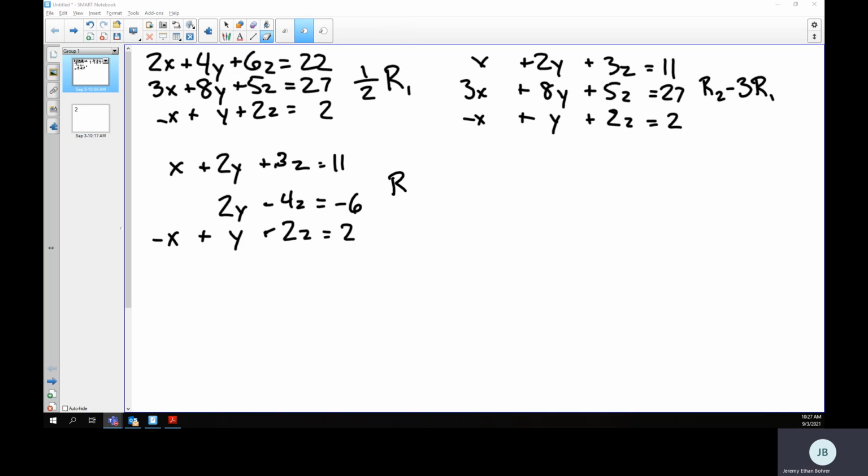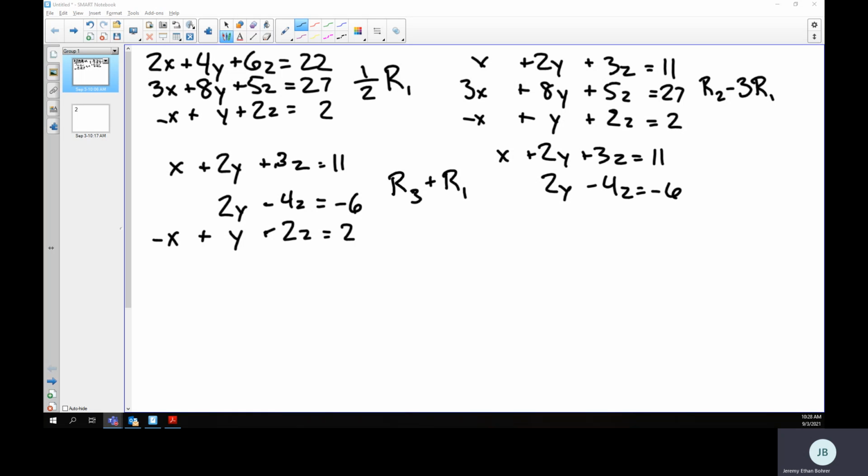We put the row that we're changing first and the row that we're adding second. So row 3 plus row 1, our first row stays the same. x plus 2y plus 3z equals 11. 2y minus 4z equals negative 6.